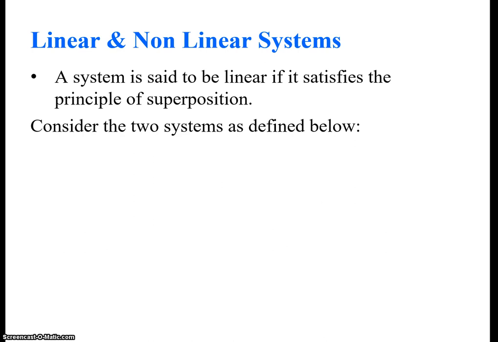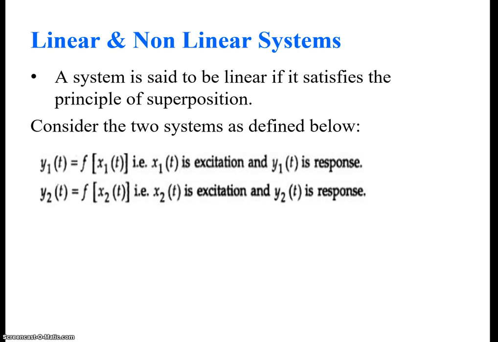The second property is linear and non-linear systems. A system is said to be linear if it satisfies the principle of superposition. To prove the superposition property, you consider two or more signals. The superposition principle states that the weighted sum of inputs should produce the weighted sum of outputs.